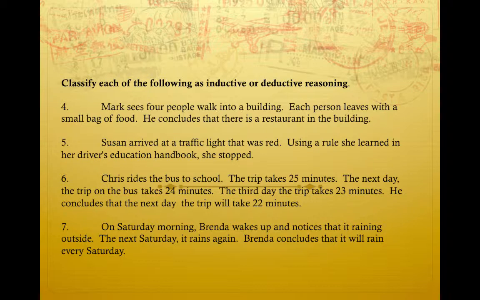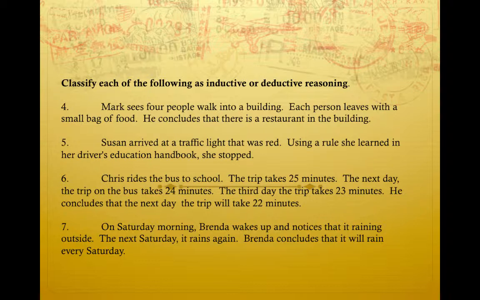So that is inductive reasoning. Started with a pattern, made an assumption about the next day and the next day and the next day. And it's, of course, not at all possible to follow that pattern because you'd end up eventually having to be there before you left.